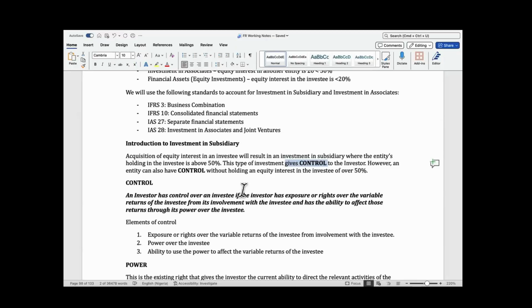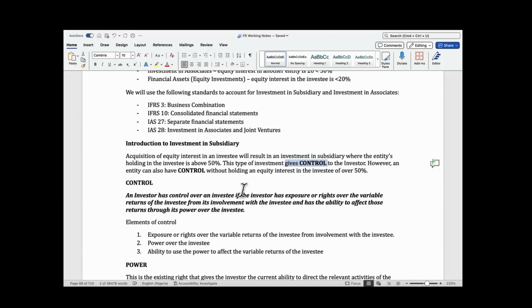So my point here is this: he is able to become a chairman because he has a lot of shares, and his holding is not up to 50%, but he has control. So investment in subsidiary can arise even if you don't have up to 50%. If you can prove some things, then you have control and you can consolidate.